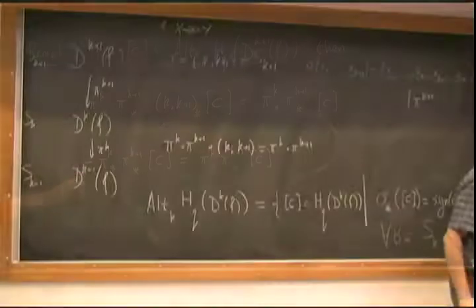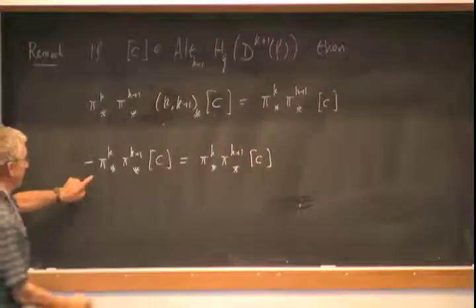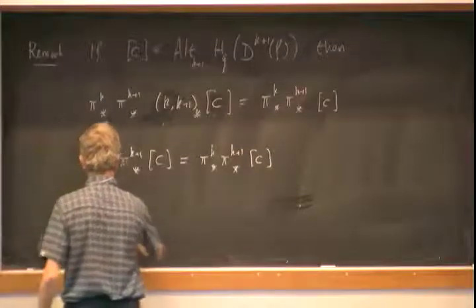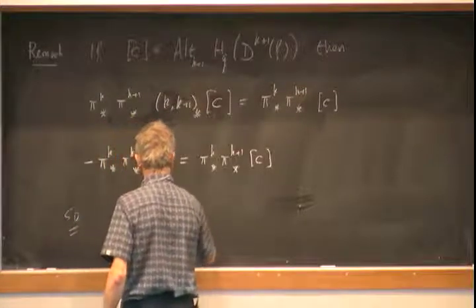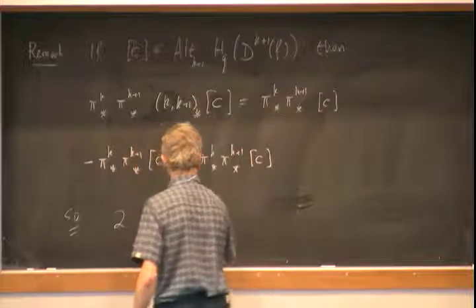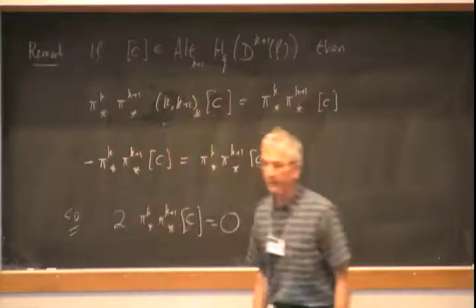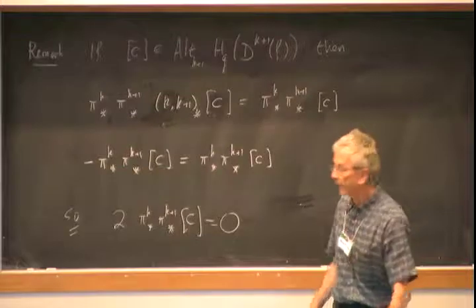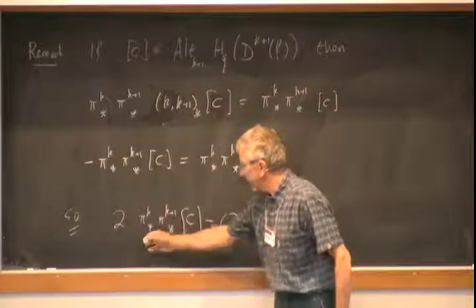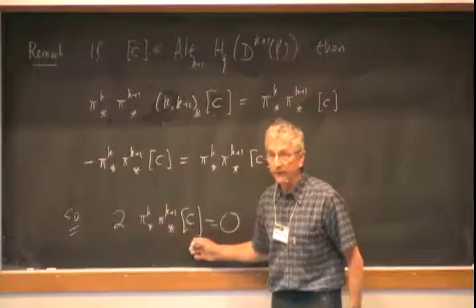Now, unfortunately, twice pi k lower star pi k plus 1 lower star C equals 0. Now, I would like to be able to conclude from this that as a consequence, pi k plus 1 lower star C is 0.